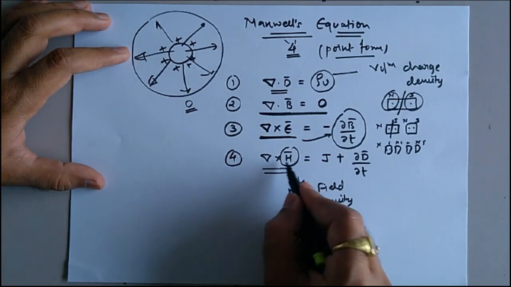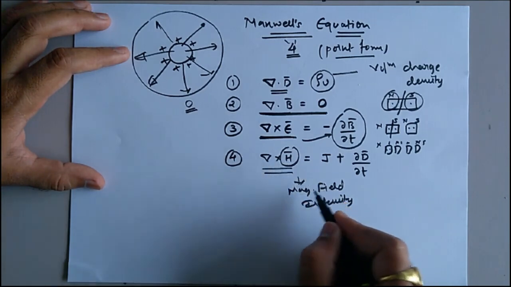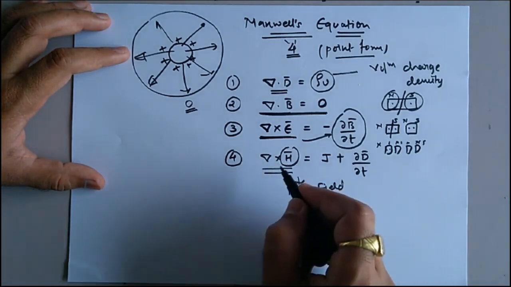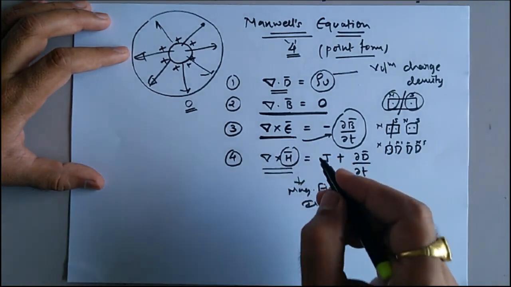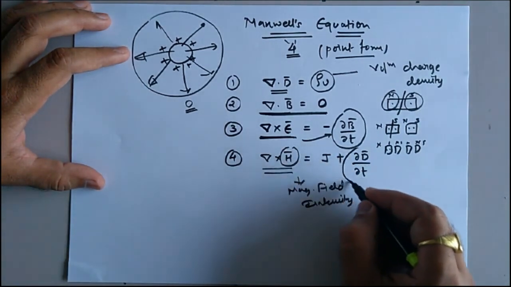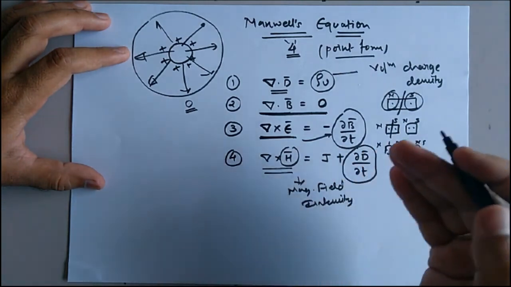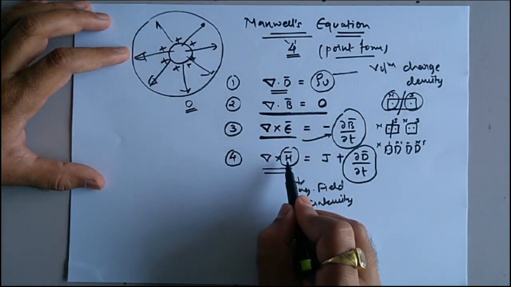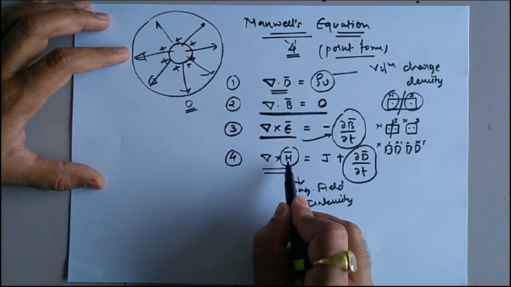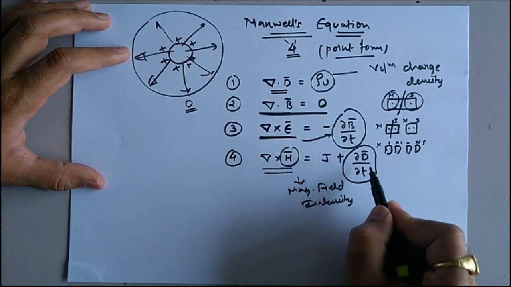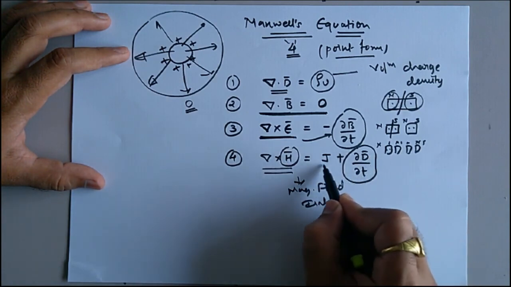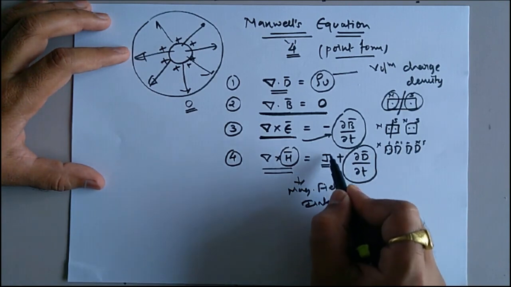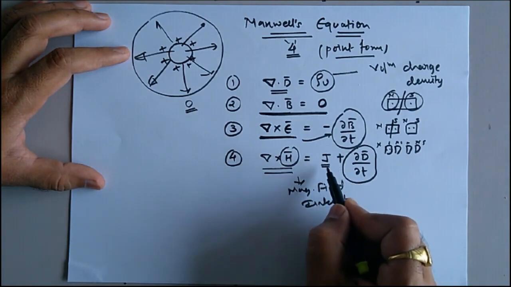So if we take the curl of magnetic field intensity, that means if we vary magnetic field with respect to space, then the output we get is electric field which is time varying in nature. Or we can say that a space varying magnetic field is responsible for the production of time varying electric field. And here we have one more term which is called J. This J is called current density.